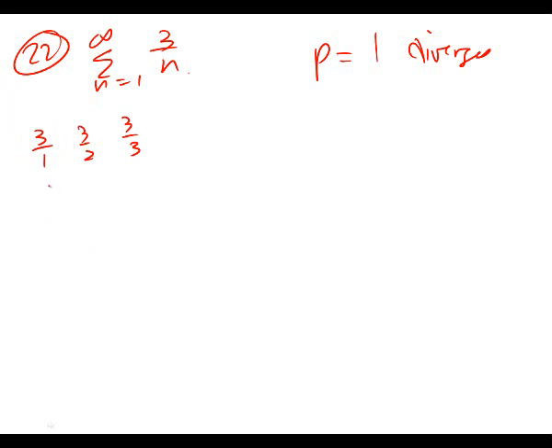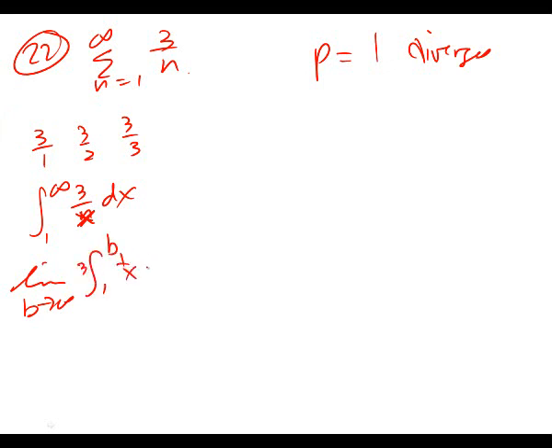Okay, so we know that it's positive and decreasing, so we would have to do the integral from 1 to infinity of 3 over n. Sorry, 3 over x, right? We switch it to x's. And then we do the limit as b approaches infinity of the integral from 1 to b. I'm going to put my 3 out front. When I integrate that, what do we get? Natural log. So we've got 3 natural log of x from 1 to b.